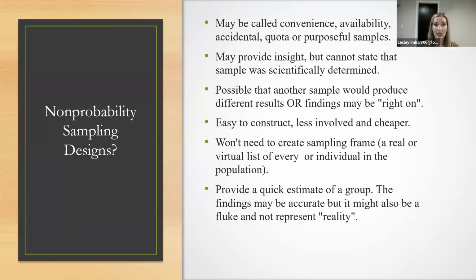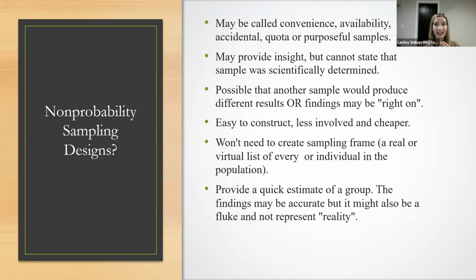So I want to quickly touch on non-probability versus probability sampling designs. I would like to first focus on non-probability sampling designs, because what I see this being is the difference between larger program evaluation versus smaller program evaluation. So I'm going to try to give some real life application here.